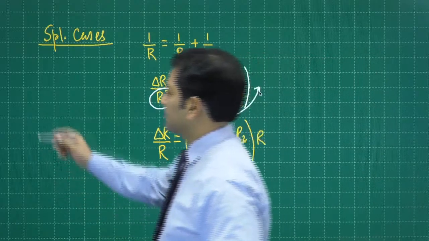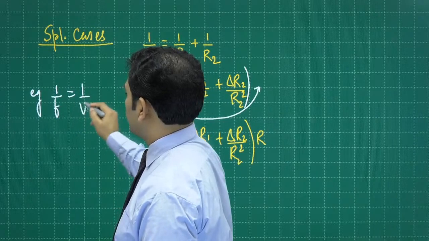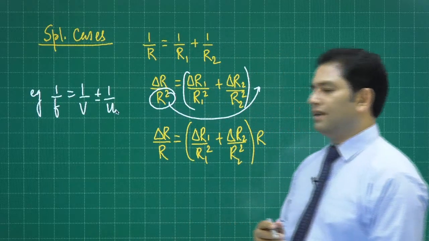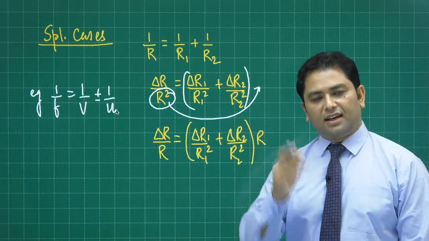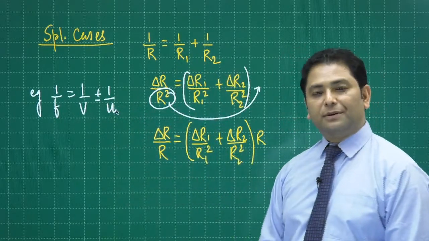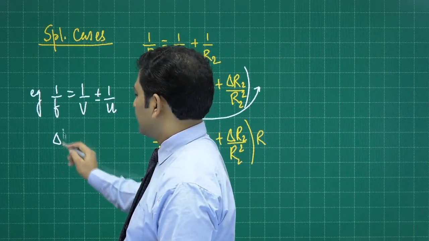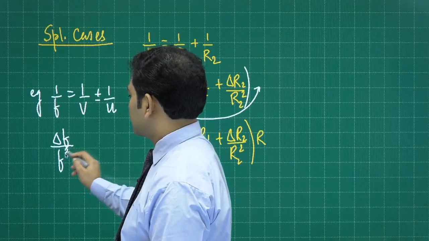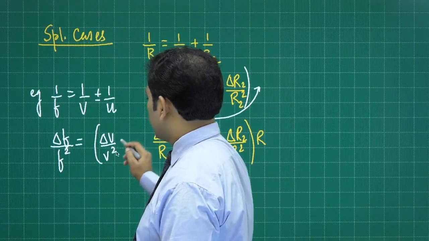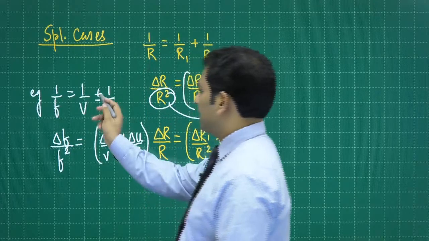Another example that comes here is focal length computation. 1 by F is 1 by V plus minus 1 by U. This will include both the case of a lens, where there would be minus, and the case of a mirror, where there would be plus. In that case, delta F by F square would be delta V by V square plus, take your attention here, be it plus, be it minus.